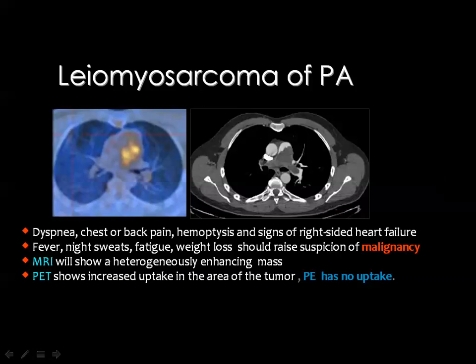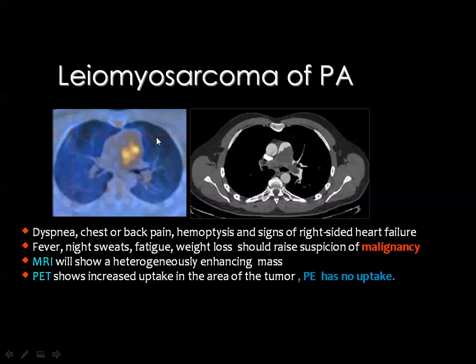Number two, if you use the PET-CT, then the thrombus will not show any metabolic activity, while if this is leiomyosarcoma, it will show tracer uptake and significant metabolic activity.